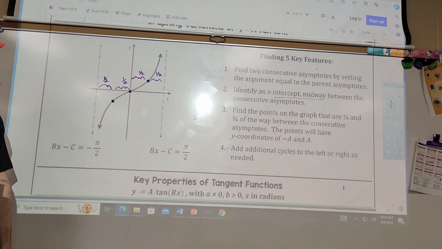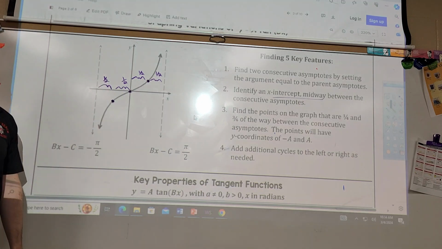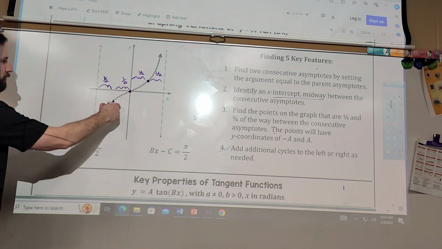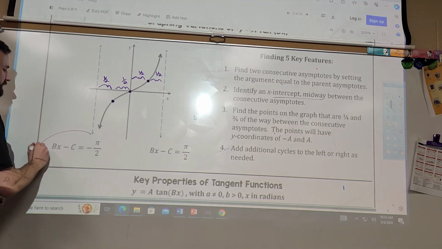You can do that with sine and cosine, right? Cut in half, cut in half, cut in half. It's like cutting a pizza. But think about this as your left point and your right point, or your asymptotes.